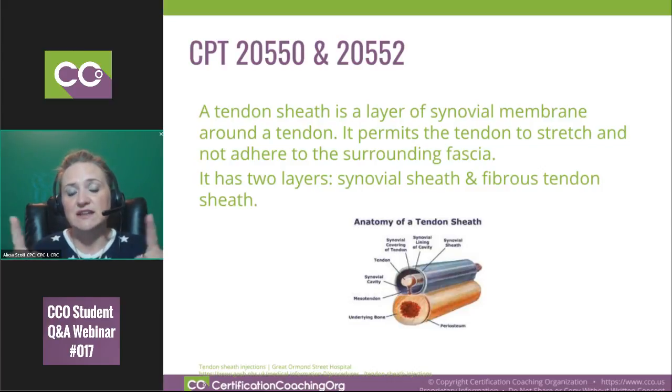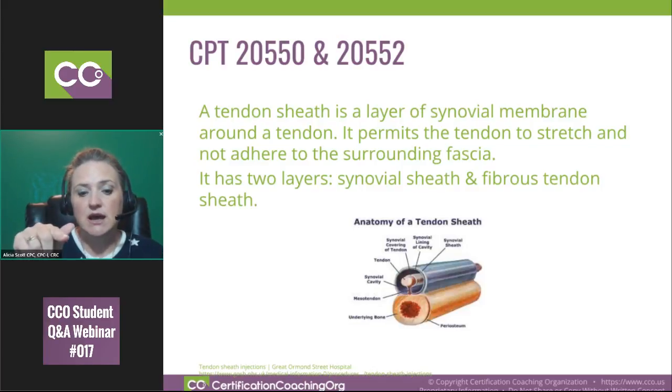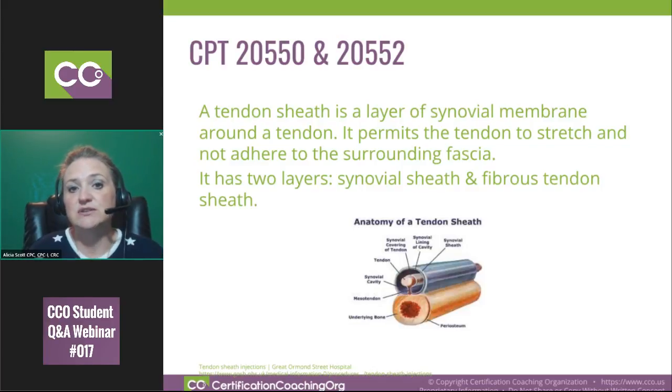Whenever you've got anything that is repetitive movement, whether it's part of your anatomy or out in nature, or think of a drill bit, it is going to cause friction. So that's what the synovial fluid does, it stops the friction.